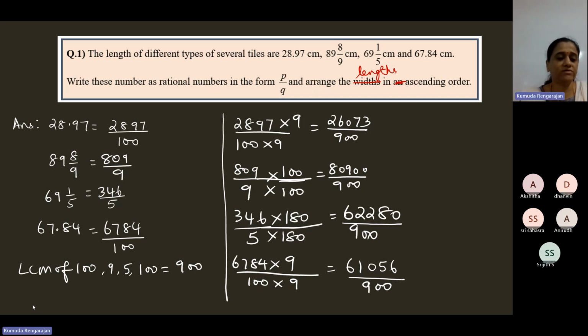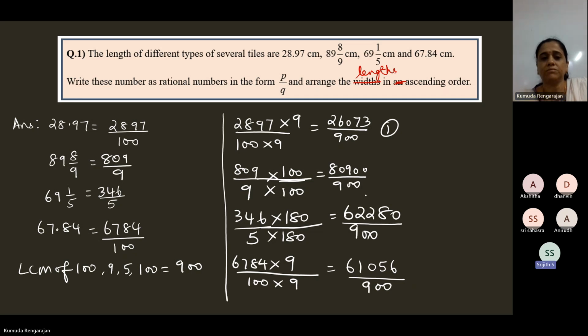Now, which one comes first? Which is the smallest? 26,073.